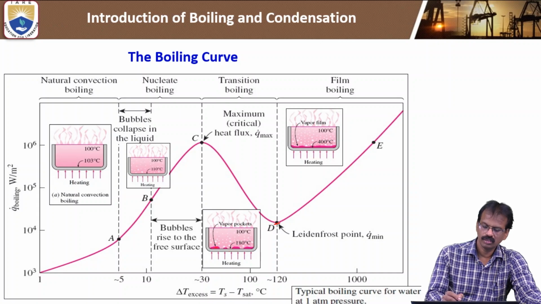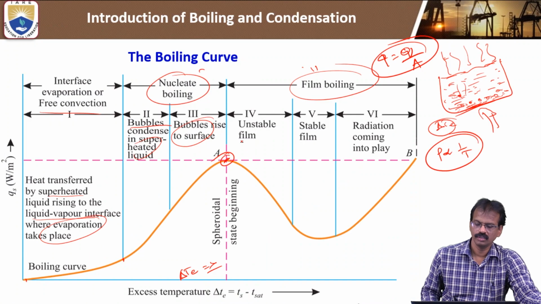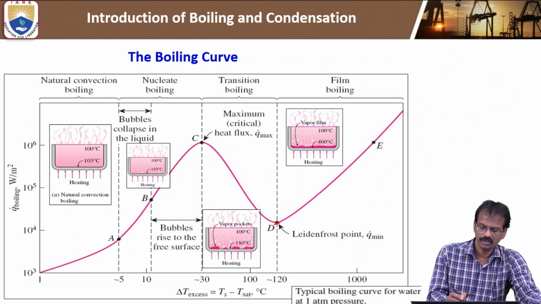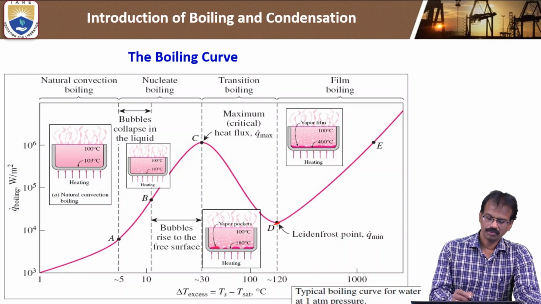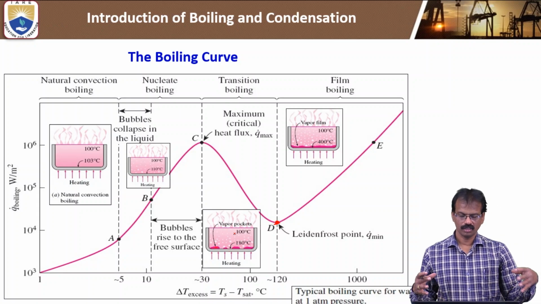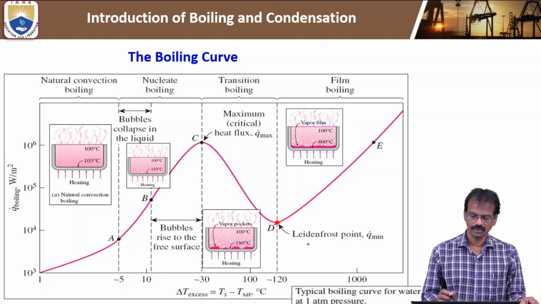Okay. So here is the process. In the next phase you can see an unstable film will form. There is a gap, and heat transfer takes place between the solid and liquid, but due to these pockets, the heat transfer rate will decrease. So the heat flux gradually decreases, but this is the point where the vapor pockets combine with each other and form a thin film on the surface.